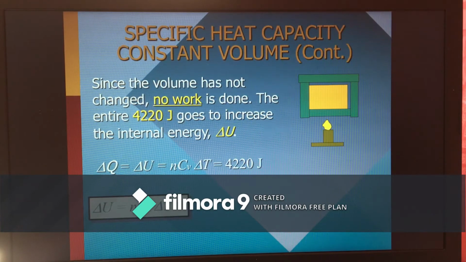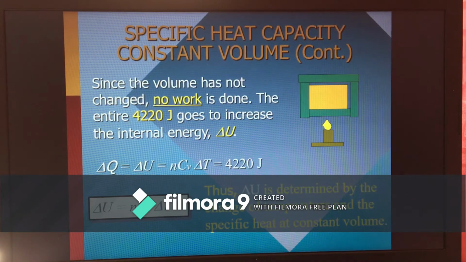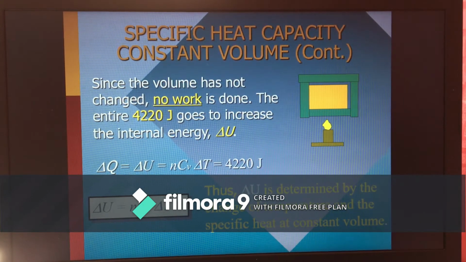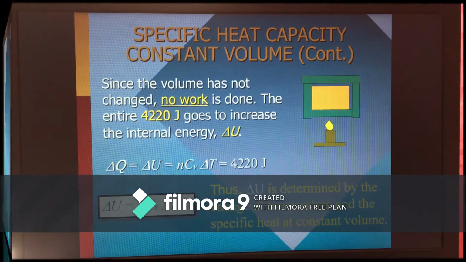Thus, delta U is determined by the change of temperature and the specific heat at constant volume.